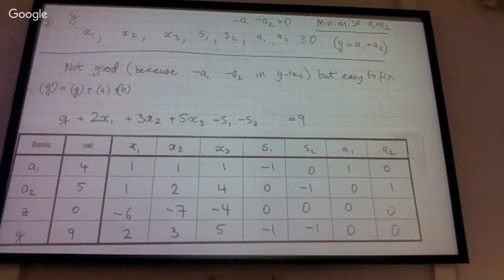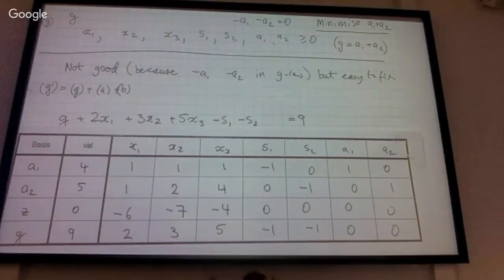Negative values in the Z equation. Does that matter? No, because remember, we're minimizing, so what we mind is positive values in there. Well, actually, the G row now. Yeah, now we're minimizing G in the first stage.